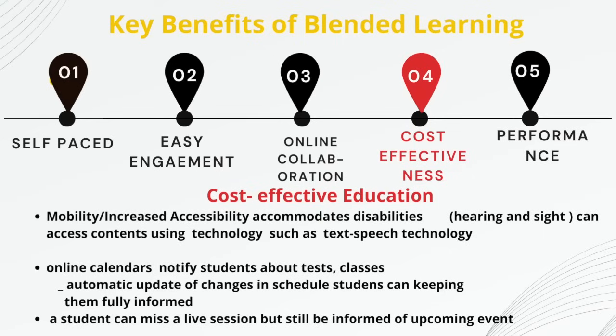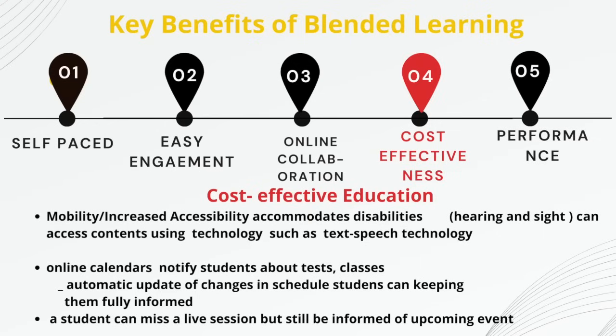Cost effectiveness. We all know that in blended learning, you can access material from anywhere you are. You don't need to travel far distance to be part of the class. And this benefits people with disabilities, especially people with hearing and sight issues. They can use technologies like the text-to-speech technology to access content with ease.